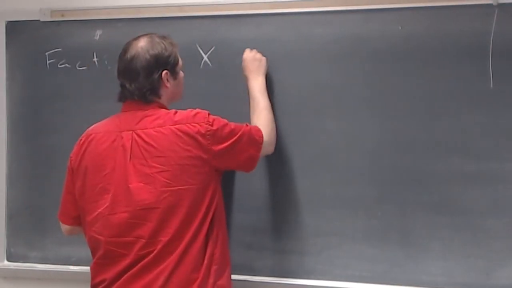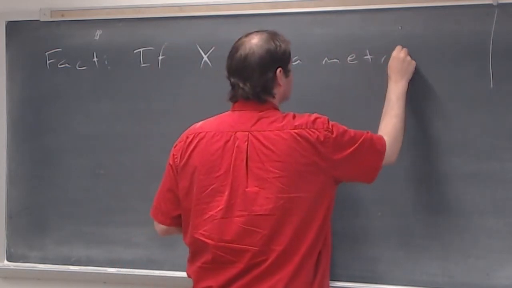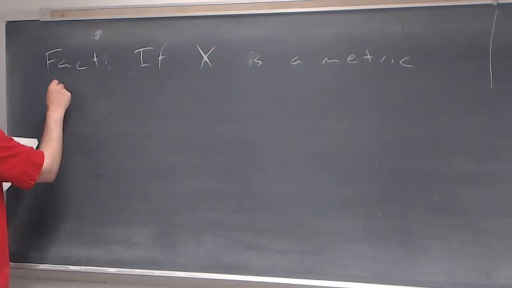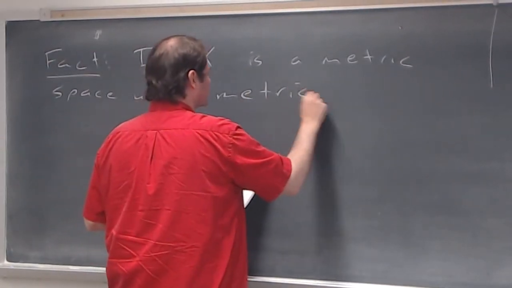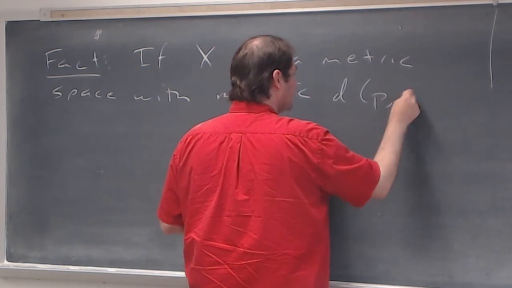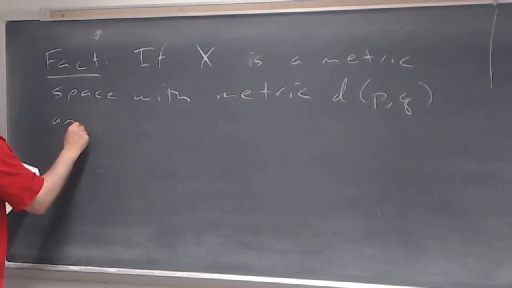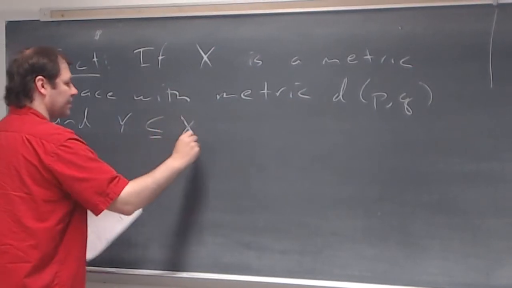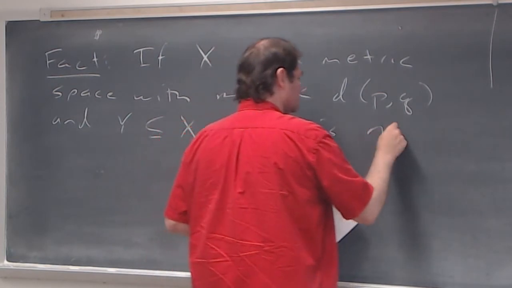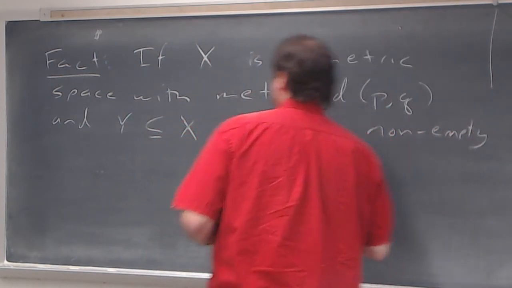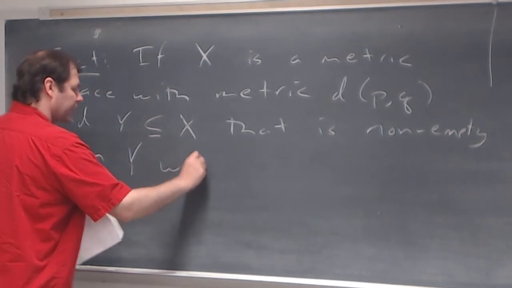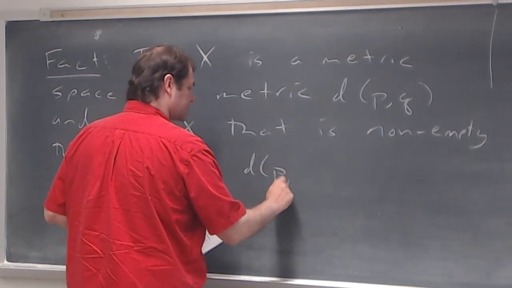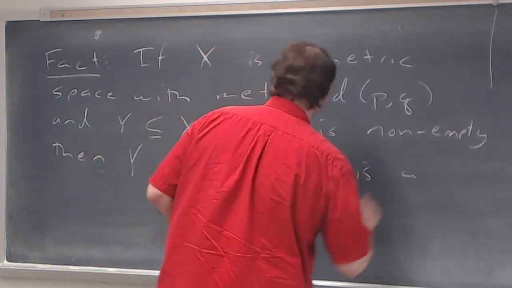It says, if X is a metric space with metric d, and Y is a non-empty subset of X, then Y with this metric is a metric space.